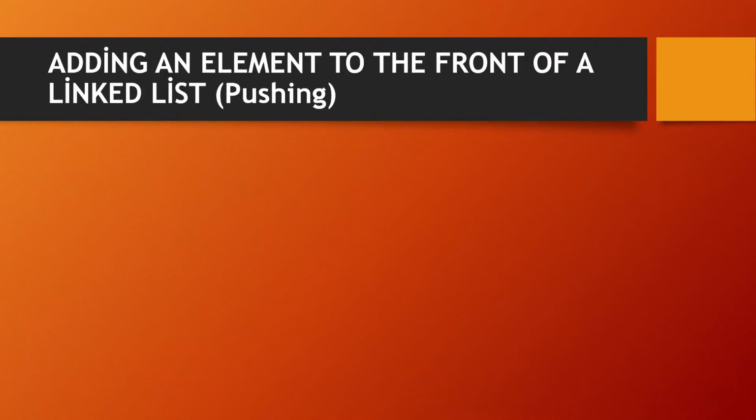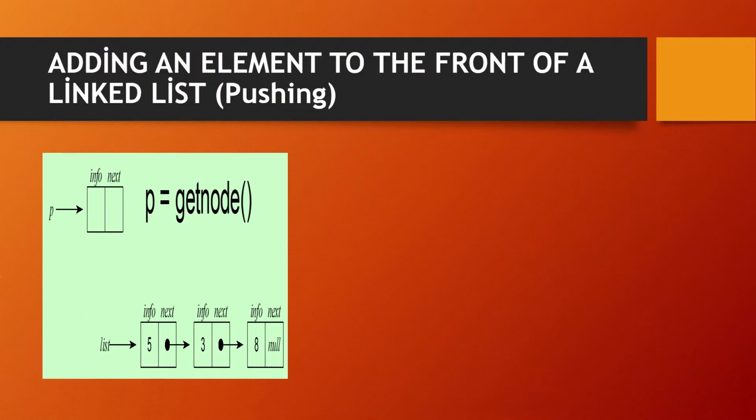Now, how to add an element to the front of a linked list, which is equivalent to pushing an element onto the stack. First we see through the figures how we can do this. Suppose we have this linked list and we want to add an element at the start of this linked list.